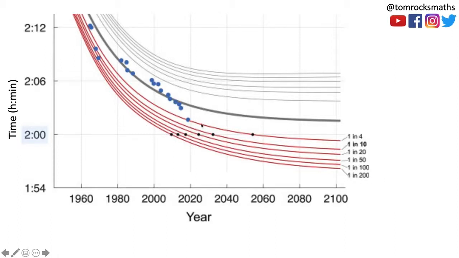Now the standard in these kinds of models would be to take the 1 in 10 chance, which is why it's shown in bold, and here we can see that looking, it's this second dot, this is around the year 2030 or so, or maybe 2032. So about 10 years from now, according to the exponential model, we would expect the 2-hour world record to be broken in around 10 years with a 1 in 10 chance.